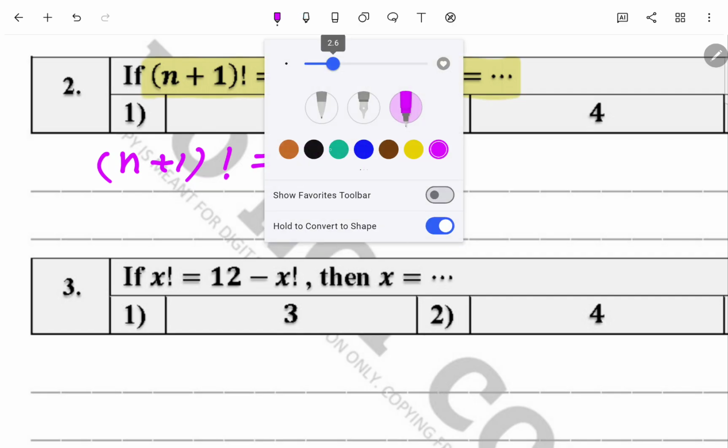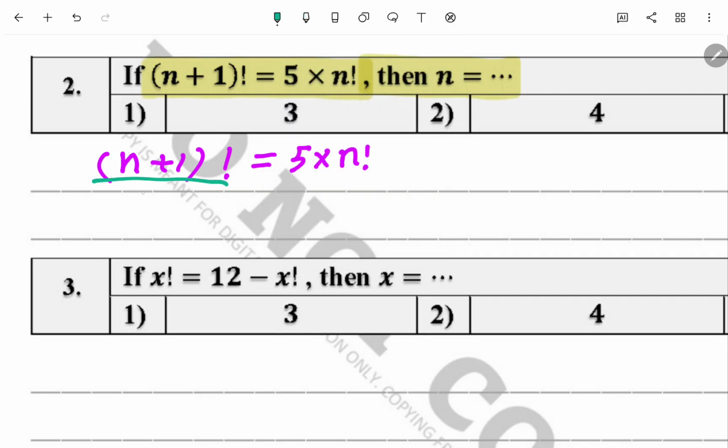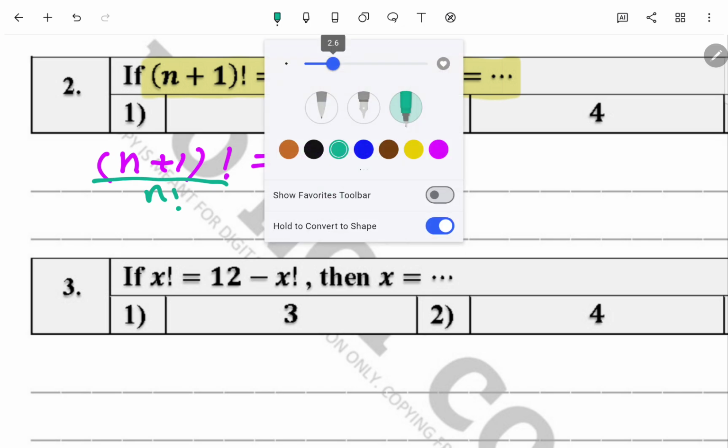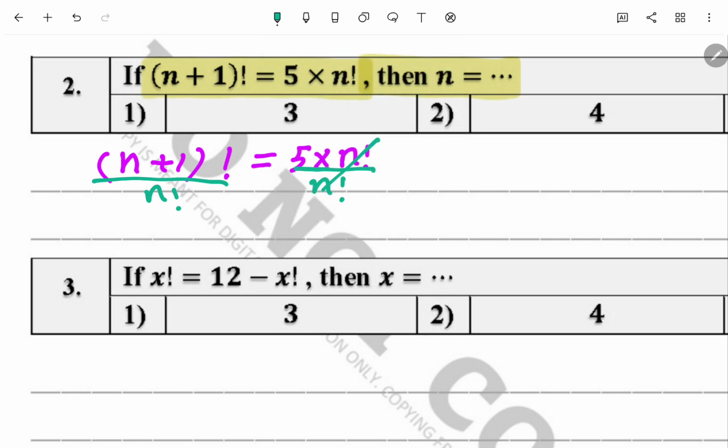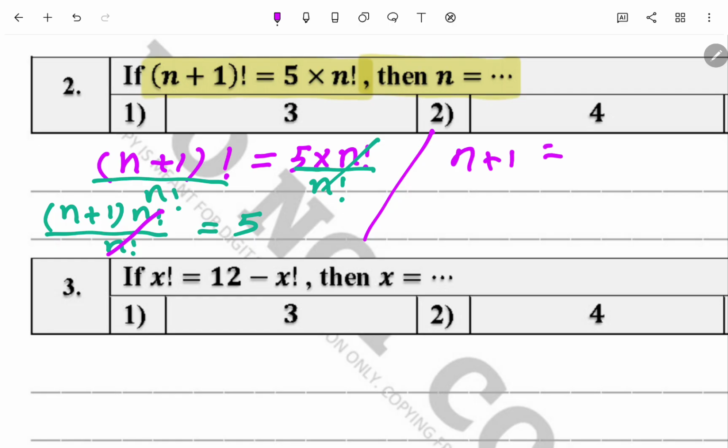The n!, which is the smallest, divided by n! cancels, and I try to expand the biggest. You can have the biggest as (n+1) times n!. Keep it because you can cancel it with the one down, and you can have 5 alone. So these together will be cancelled, and you get n+1 alone equals 5.